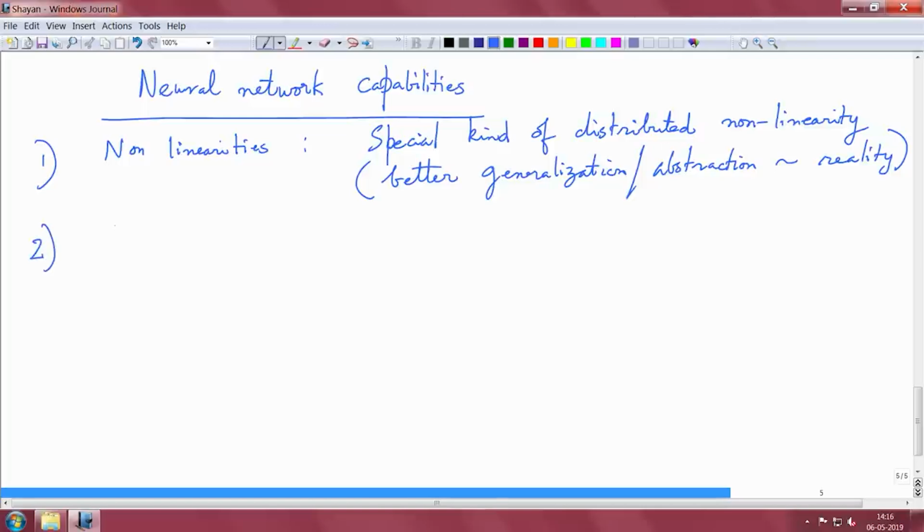Next would be the input / output mappings. And when we think about conventional pattern recognition systems, we think about parametric forms and non-parametric forms.